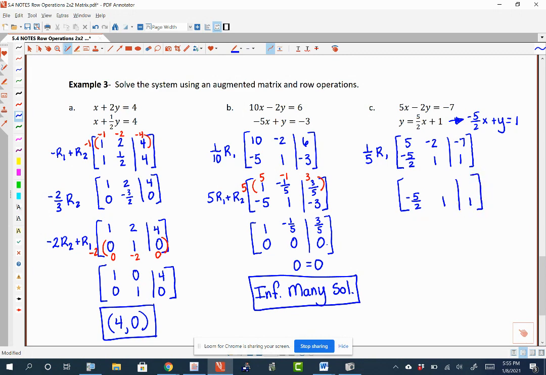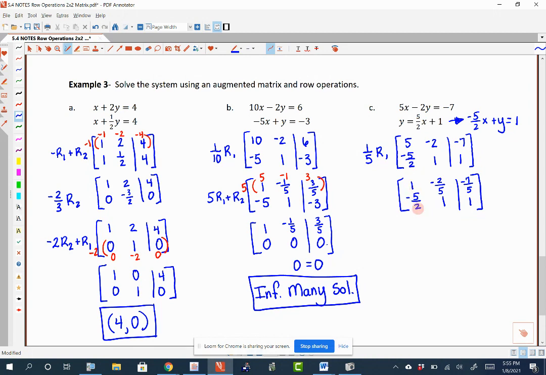Now that whole first row needs to be multiplied by 1/5. So 1/5 times 5, there's that 1 we wanted. 1/5 times negative 2, so we've got a fraction here, negative 2 over 5. And then 1/5 times negative 7, so negative 7 over 5. So we've created our 1, which is what we want.